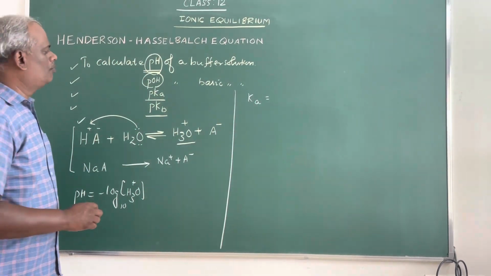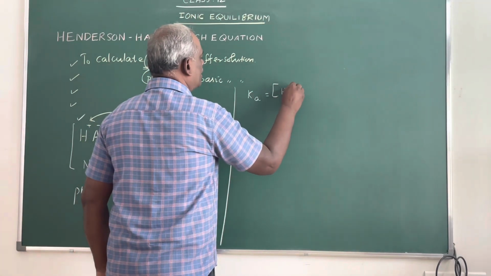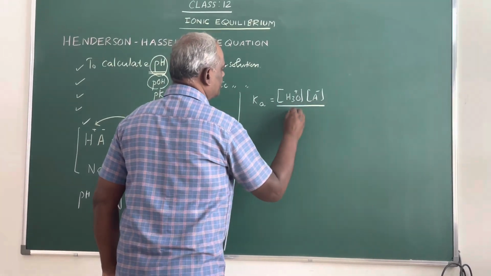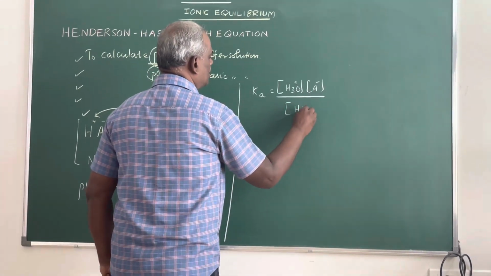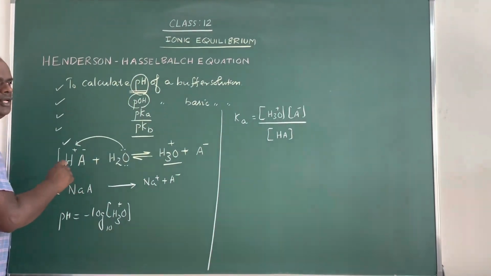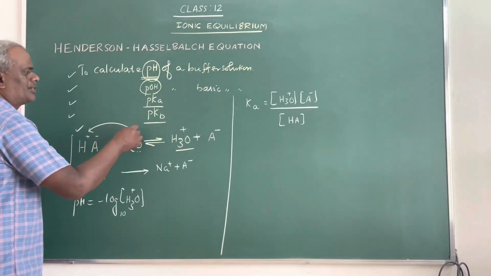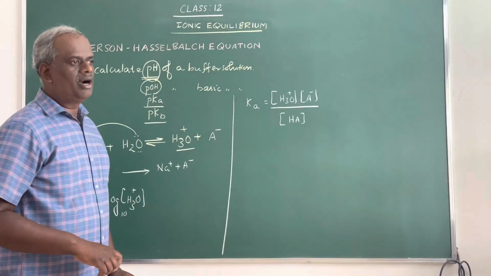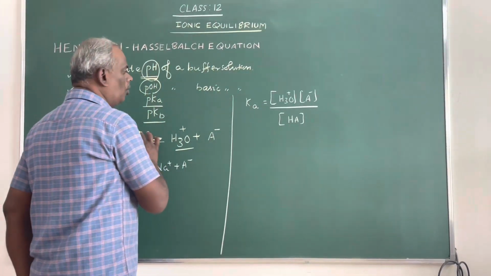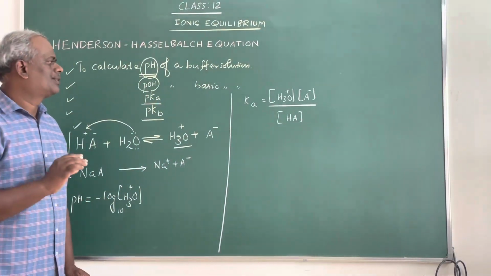Ka is equal to the hydronium ion concentration times the concentration of A minus divided by the concentration of HA. The concentration of water is in excess, so you need not write H2O here, it is understood.